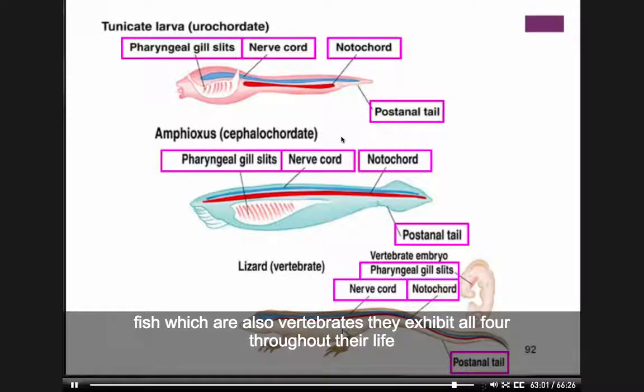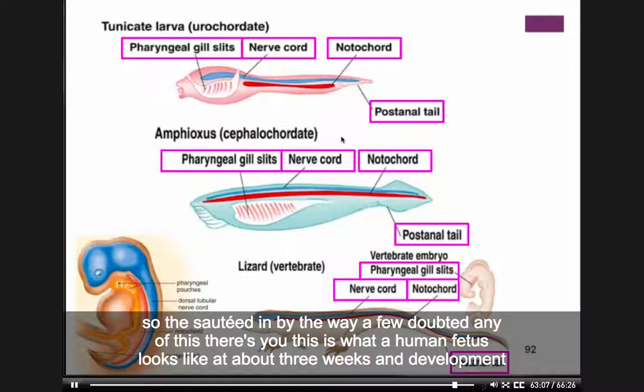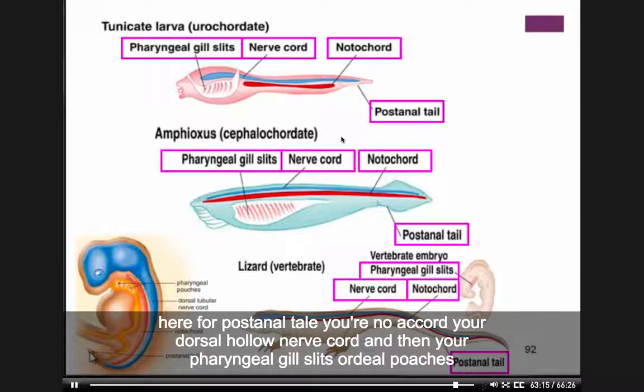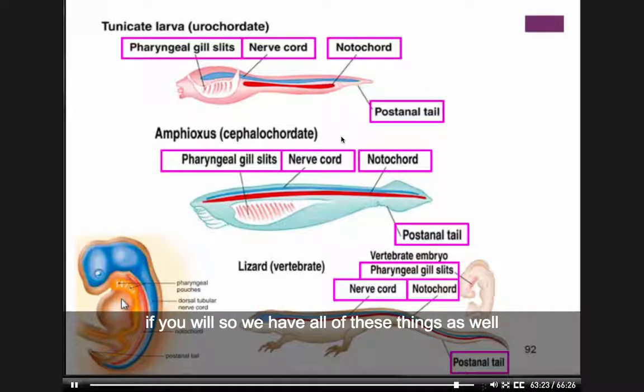In fish, which are also vertebrates, they exhibit all 4 throughout their life. And by the way, if you doubted any of this, there's you. This is what a human fetus looks like at about 3 weeks in development. Here's your post-anal tail, your notochord, your dorsal hollow nerve cord, and then your pharyngeal gill slits, or gill pouches, if you will. So we have all of these things as well.